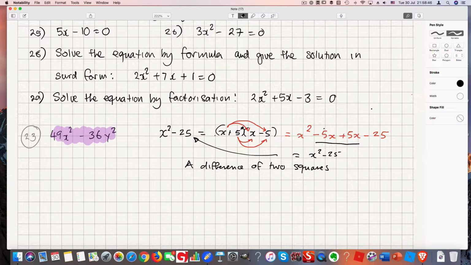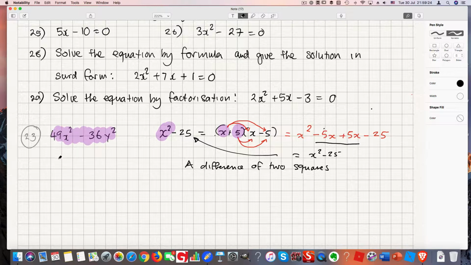If you notice this x squared, that becomes x, which is just the square root of x squared, and this 5 is the square root of 25. So if I take the two square roots, I can make the difference of two squares.